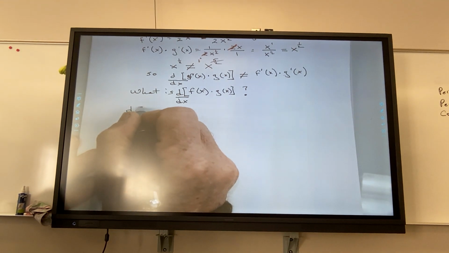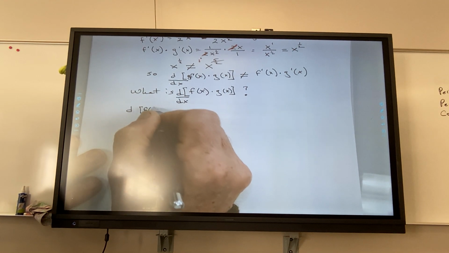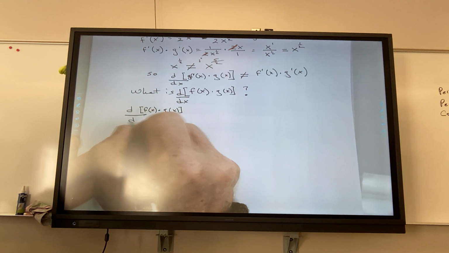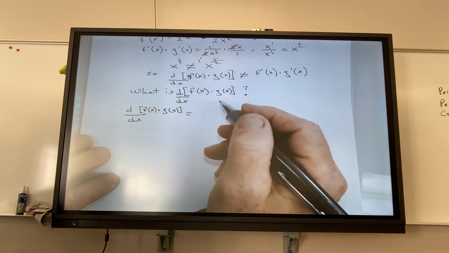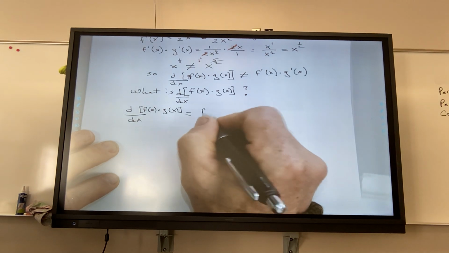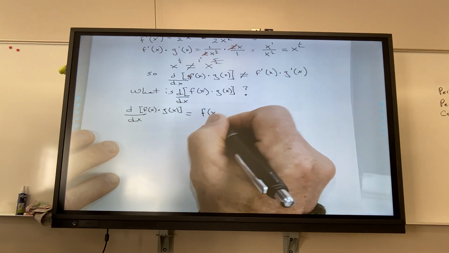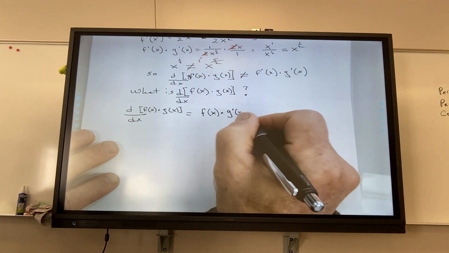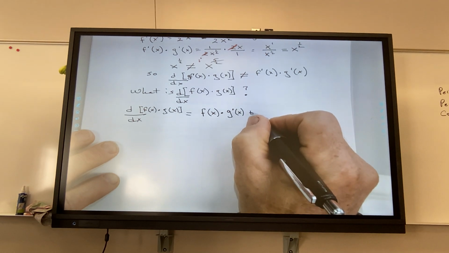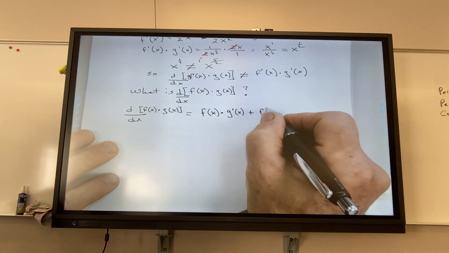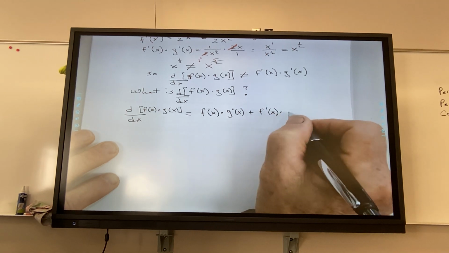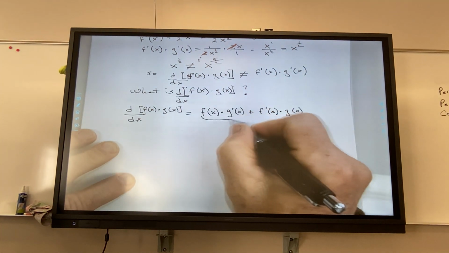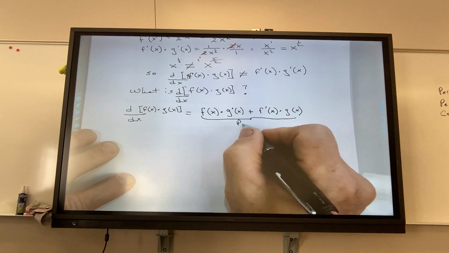The derivative is something we call the product rule. So I don't do anything to the first, but I do multiply it by the derivative of the second. And I add to it the derivative of the first times the second function. This is what is known as the product rule.